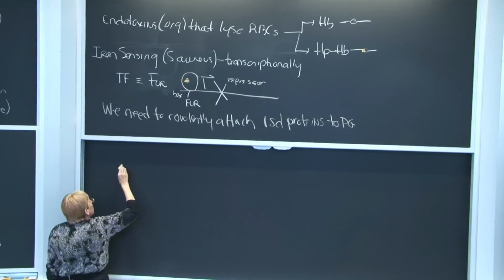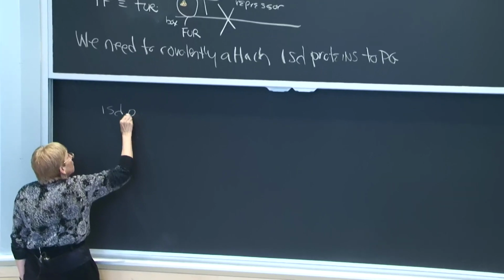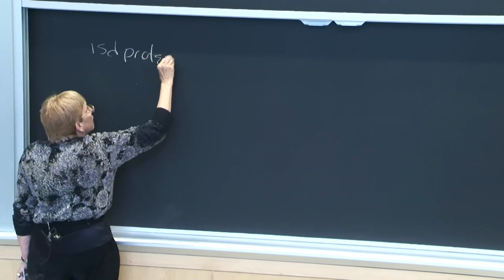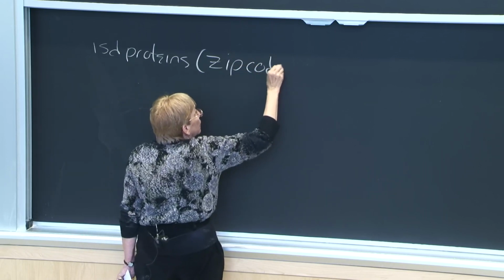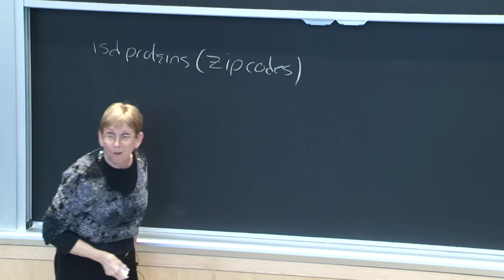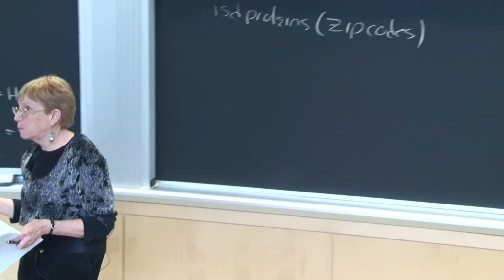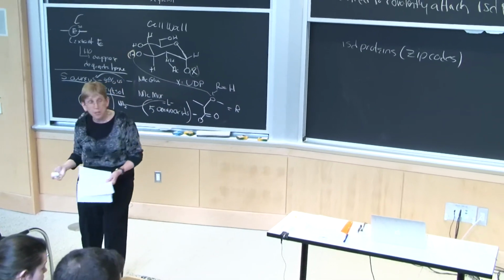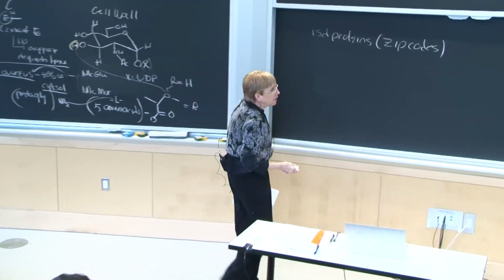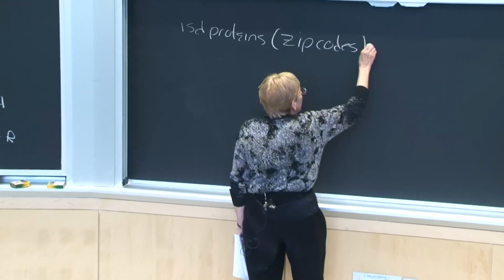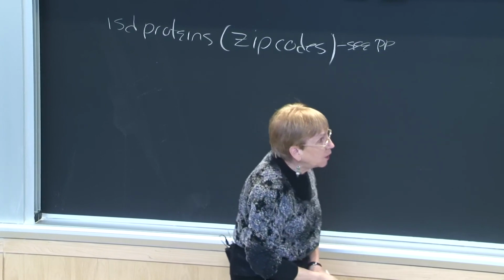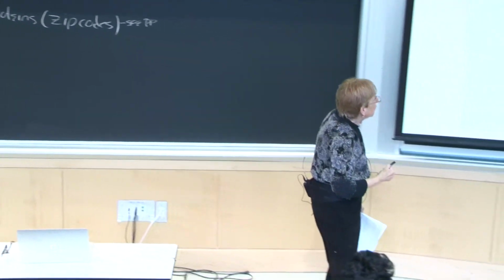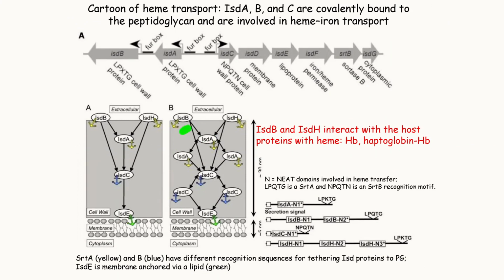So the ISD proteins have zip codes. We've seen this. We see this over and over and over again. We have little sequences of peptides that are recognized by another protein. So we have zip codes, and I'll just say see PowerPoint for the sequence. And it turns out, if you look over here, all of these proteins with a yellow anchor have little zip codes in them.